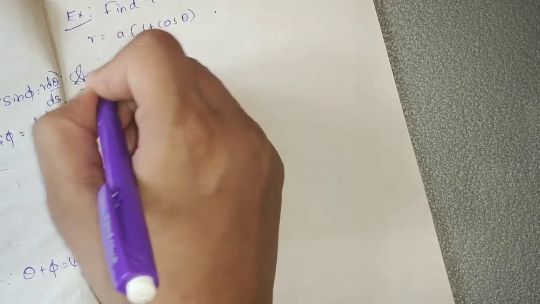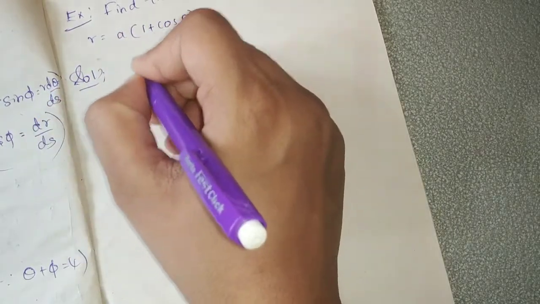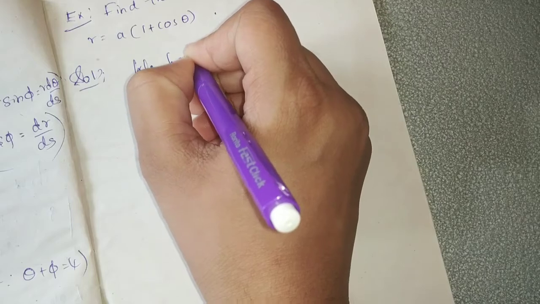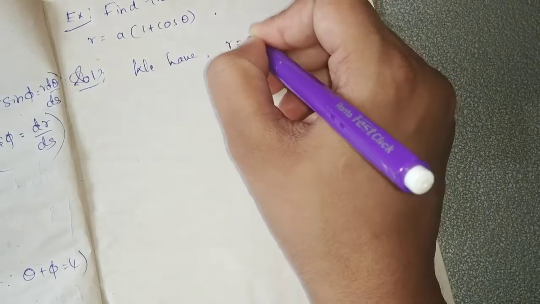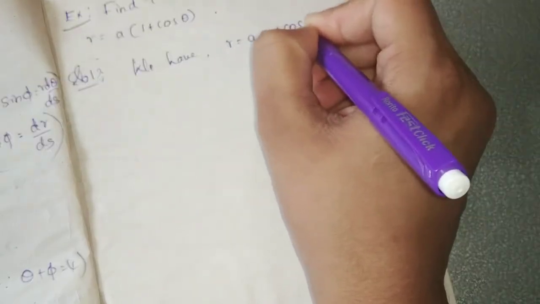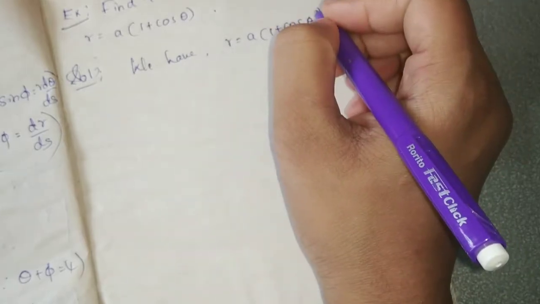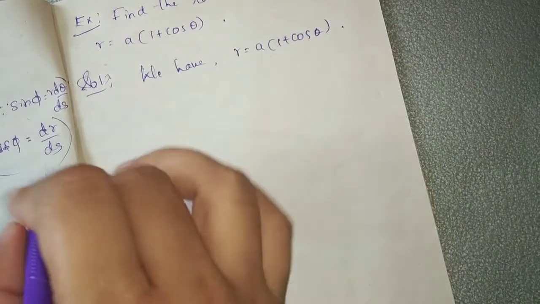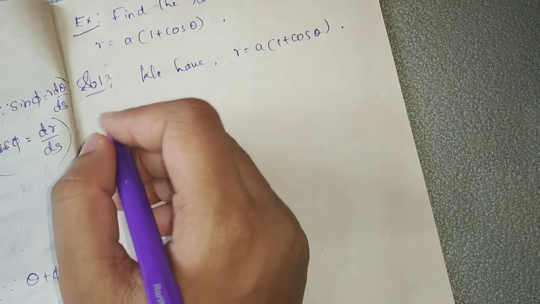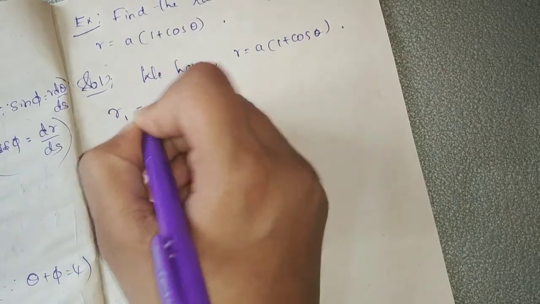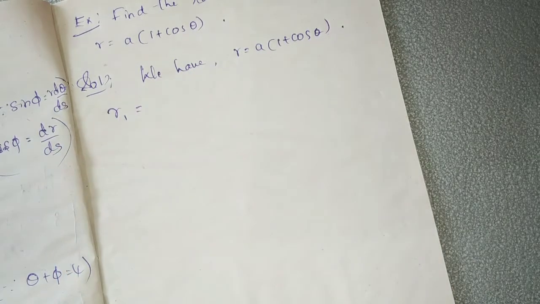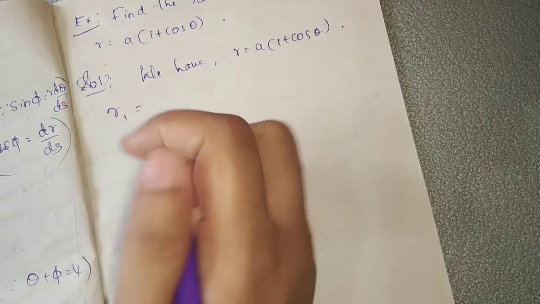Solution. What we have? We have the curve which is r equal to a into 1 plus cos theta. We need the derivative of r with respect to theta.